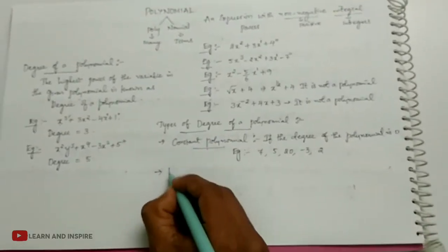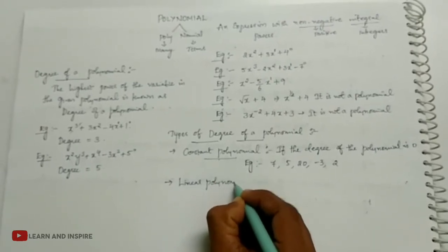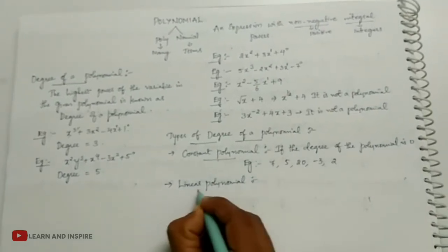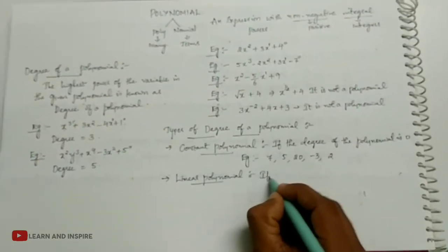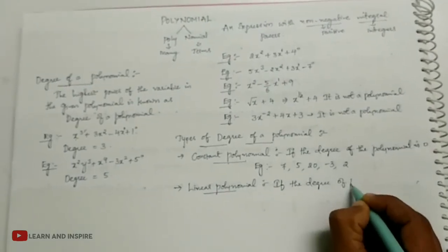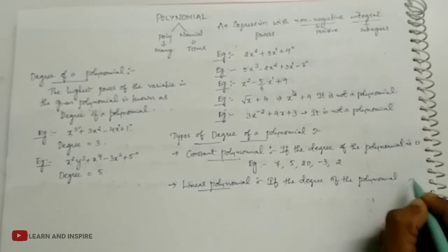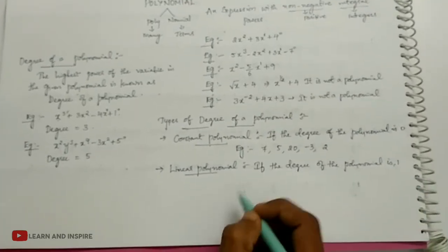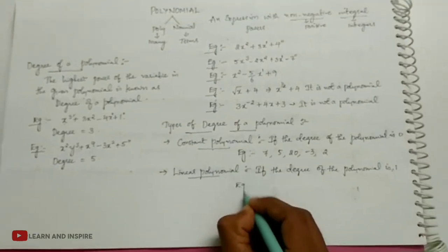The second one is linear polynomial. So what is this linear polynomial based on degree? If the degree of the polynomial is 1, then it is a linear polynomial.